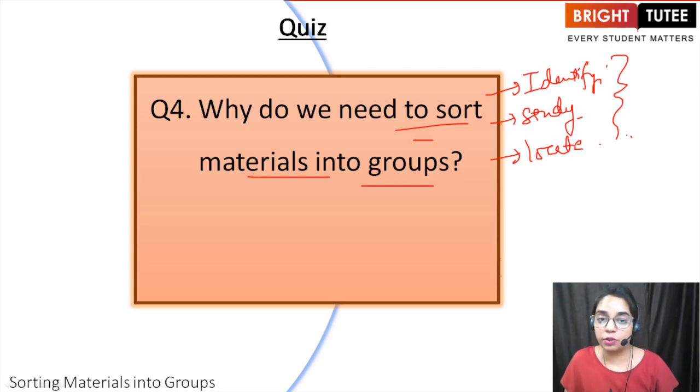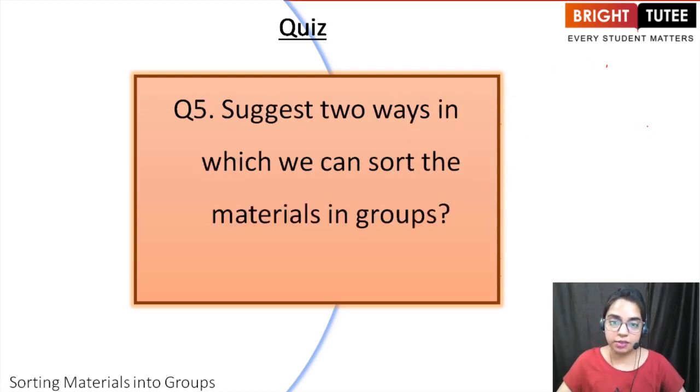Because there is a large variety of substances or objects available around us, we cannot study the property of each and every object individually, right? It will be very tedious. So what we do, we just group the similar objects together, and then we can study their properties. Okay, let's move to the next question.